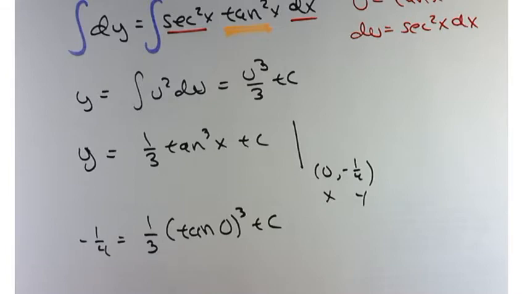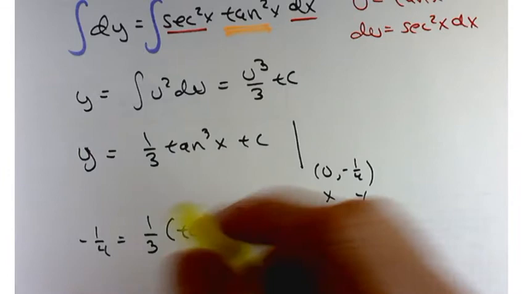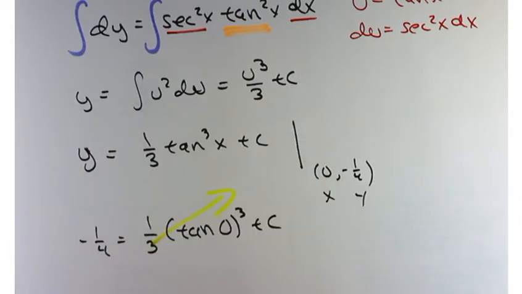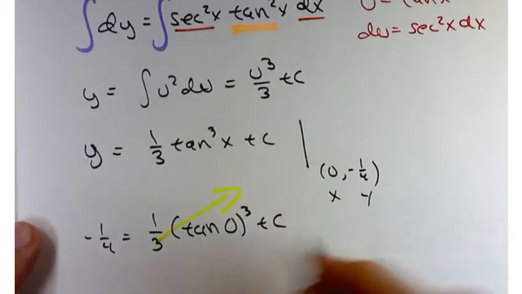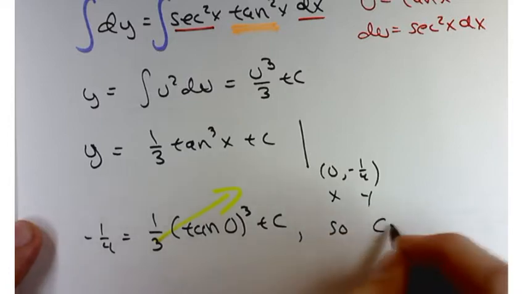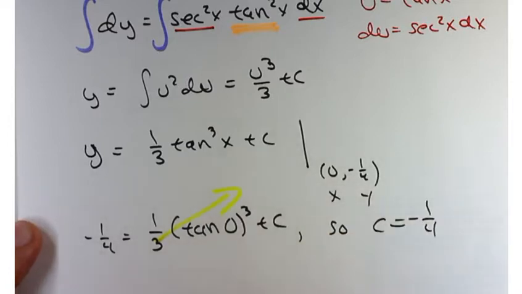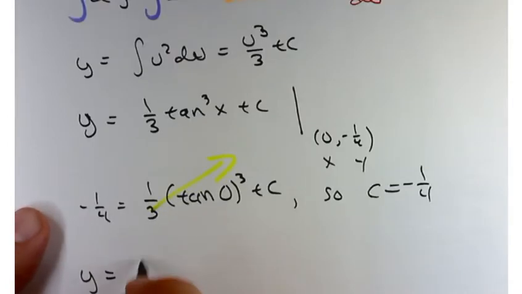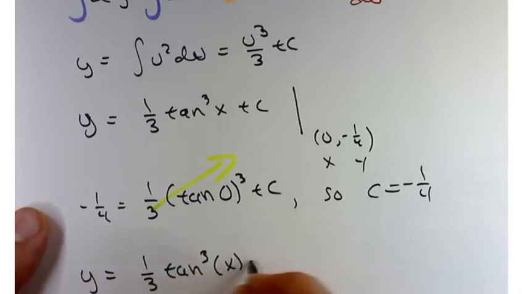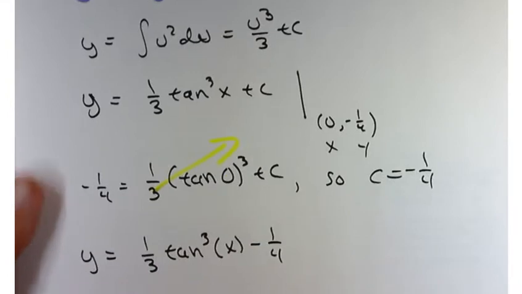So that disappears altogether, and c equals negative 1/4. Overall, my equation is y equals 1/3 tangent cubed of x minus 1/4.